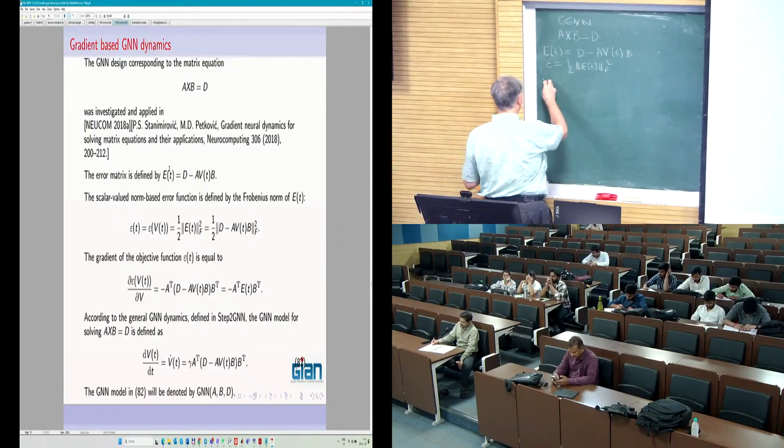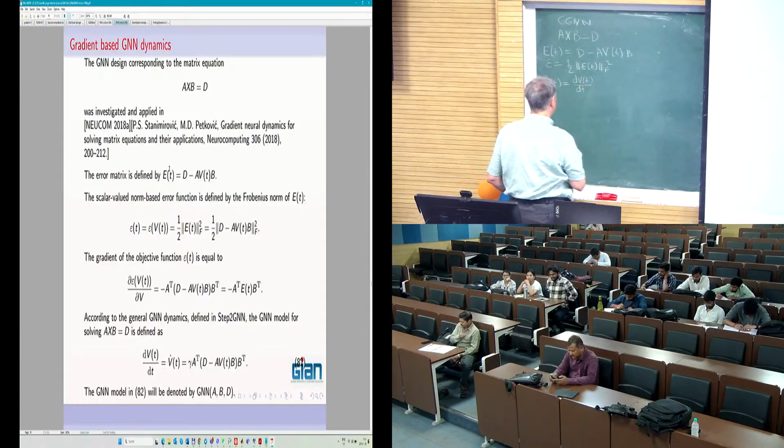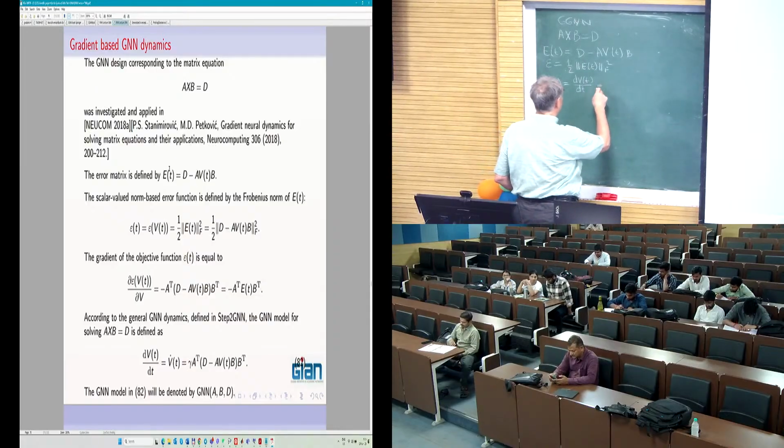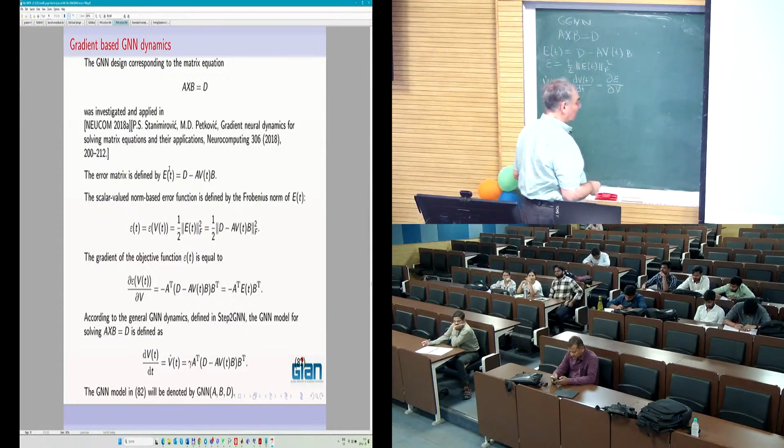After that we obtained the GNN dynamics in the form V dot, which is the derivative of V(t) with respect to t, equals minus gamma times the derivative of the goal function.